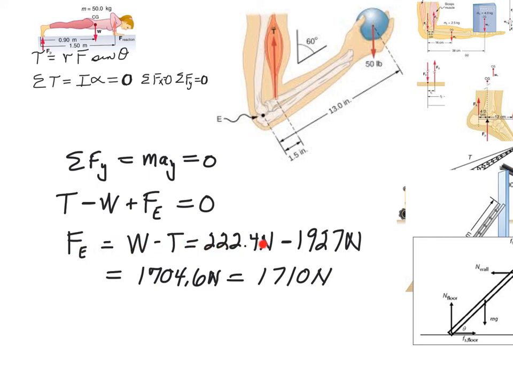And when I solve for the elbow force, I see that it's negative. It's important that it's negative. Yes, the elbow force is down. So the elbow's exerting a force down on the elbow joint, and also a pretty big force. So that's why there's a lot of stress in this joint when you're doing weightlifting. Okay, next problem.